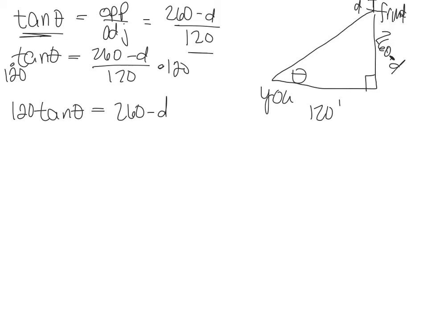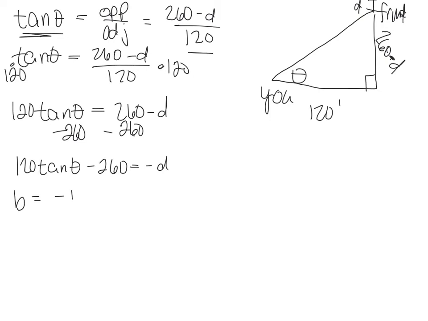I can go ahead and subtract 260 from both sides, and I get 120 tan theta minus 260 equals negative d. Therefore, d equals negative 120 tan theta minus 260.